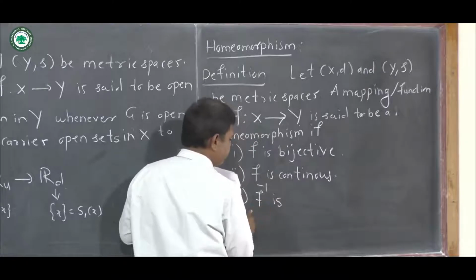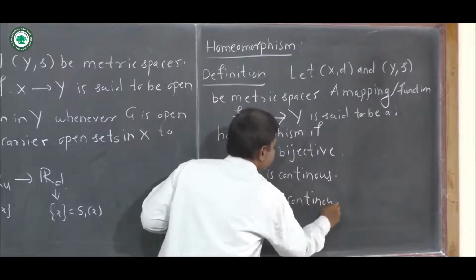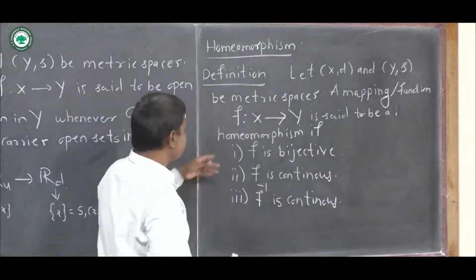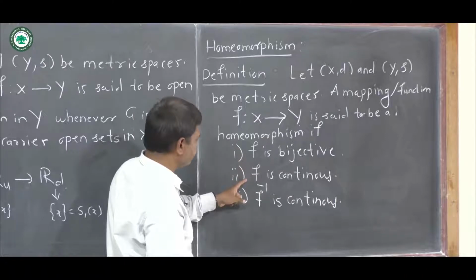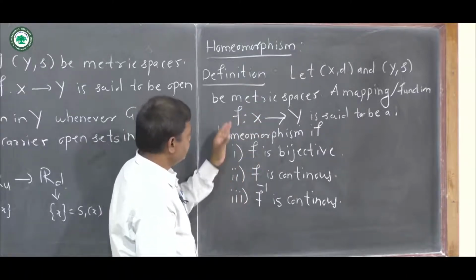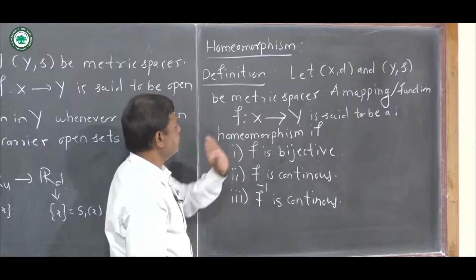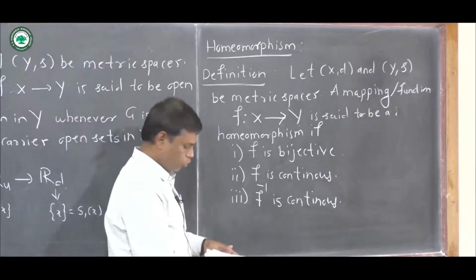This is the third condition: f inverse is continuous. So when we have these three conditions, that is, f is bijective, f is continuous, and f inverse is continuous, then the map f from X to Y is said to be a homeomorphism, and we say that the spaces X and Y are homeomorphic.